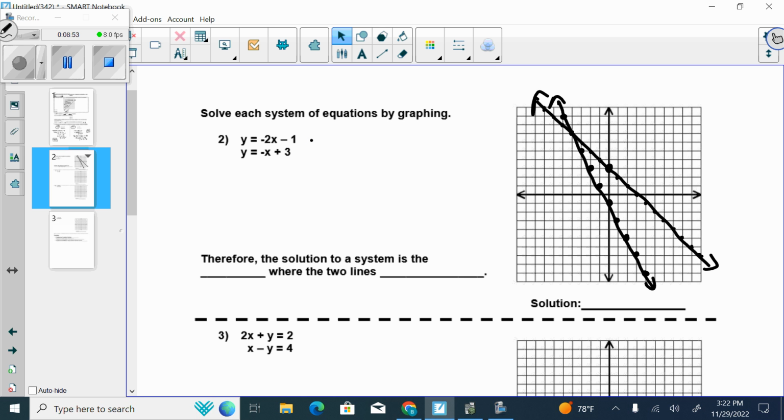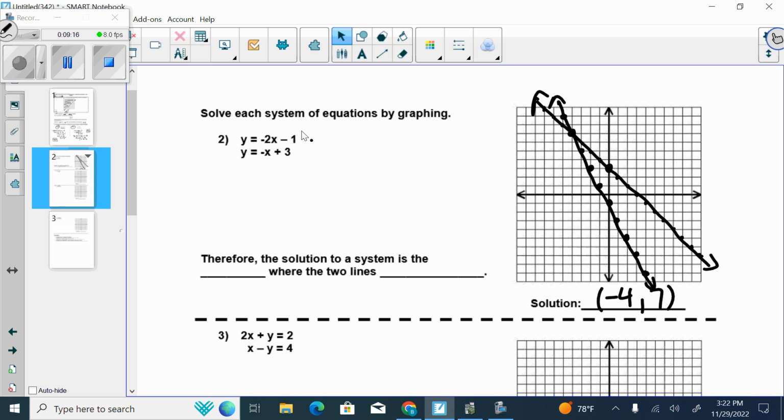So, did our 2 lines cross? Yeah, right here, right? Where is that coordinate point right there? Good. So that is my solution.